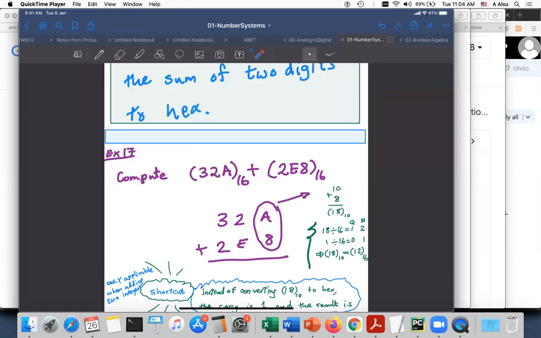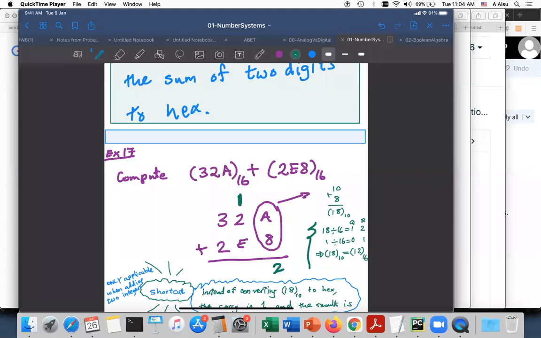So 18 divided by 16, this is the conversion algorithm, you get 1 with a remainder of 2, and then 1 divided by 16 is 0 with a remainder of 1. So the hexadecimal version of 18 in decimal is 1, 2 in hexadecimal. So we have a 2 in the 1's digit and a 1 in the 16's digit.